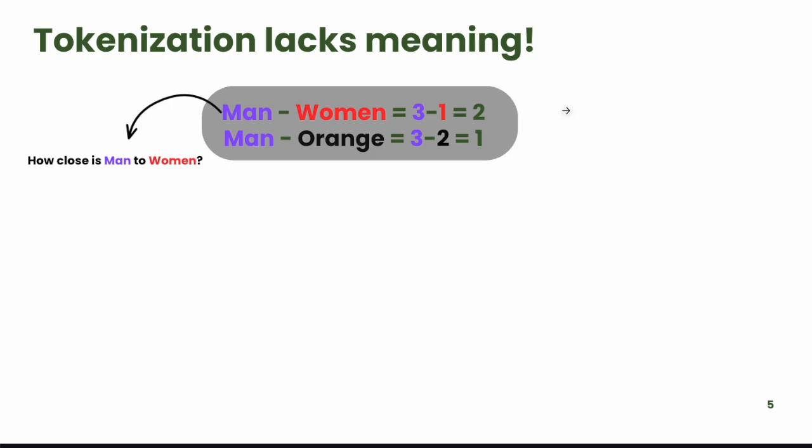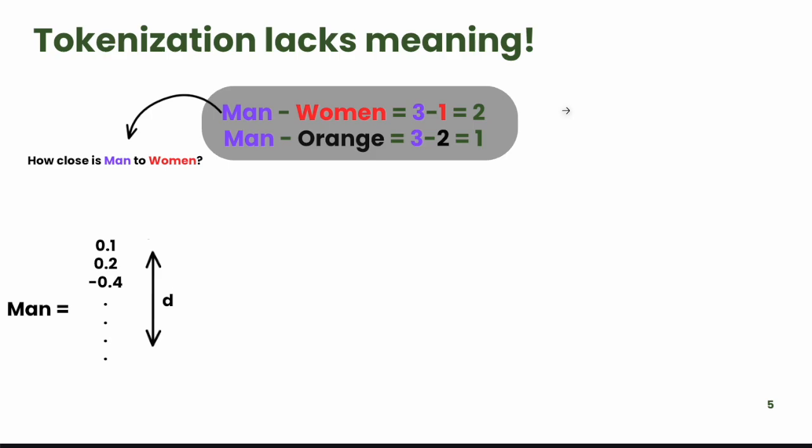So instead of representing man with just one number, we would try to represent it with a so-called embedding vector. And this embedding vector is d-dimensional, and it's good to remember this dimension d. This dimension d would appear quite frequently throughout the slides, right?